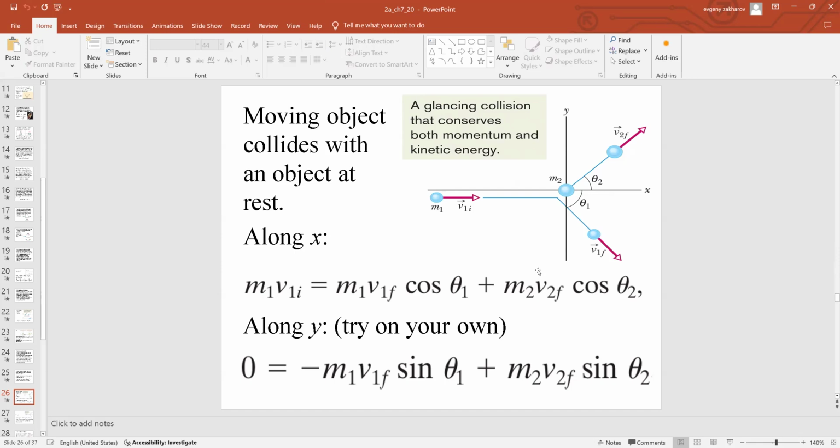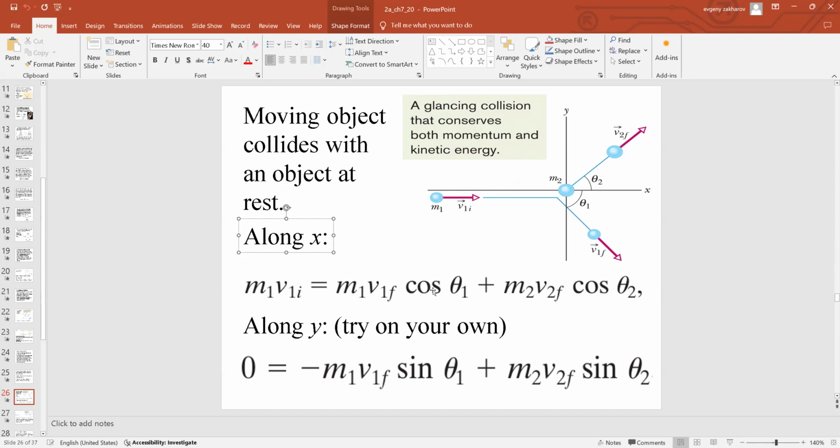So this time it is the same setup. Along the x-axis, what do we get? We have the initial momentum for the first ball, and it's just a positive value, same direction as x. For the second ball it is 0 because the ball is just sitting still. So m2 times v2, and v2 is 0. Now after the collision, the first ball goes this way, and your x component is the side that is adjacent.